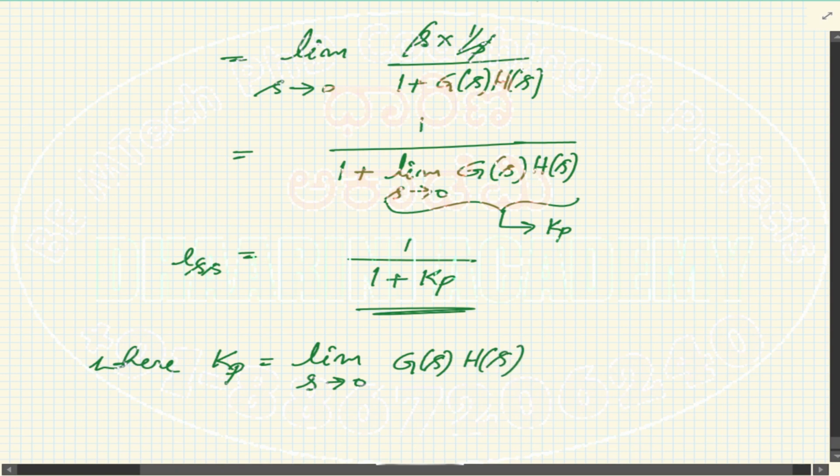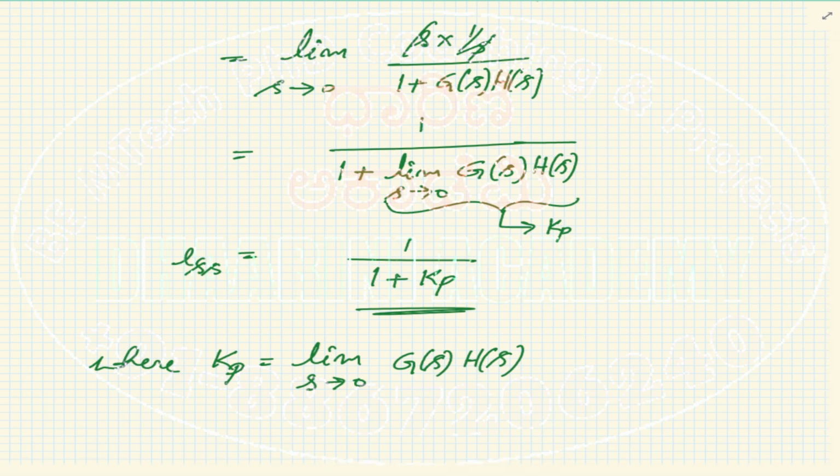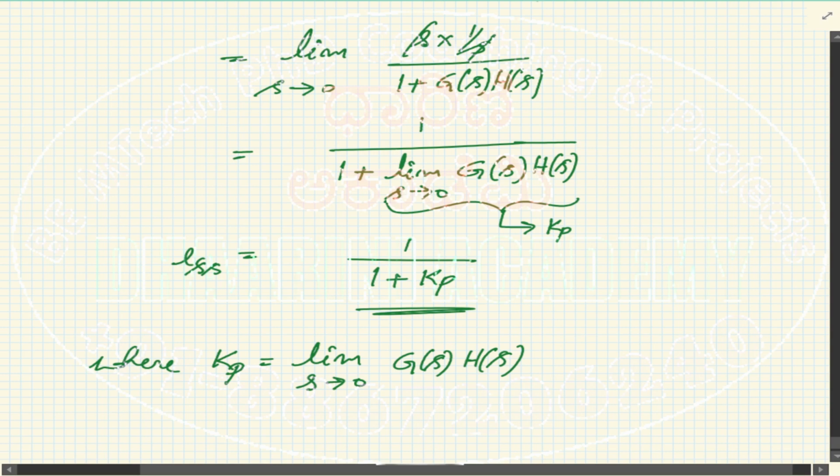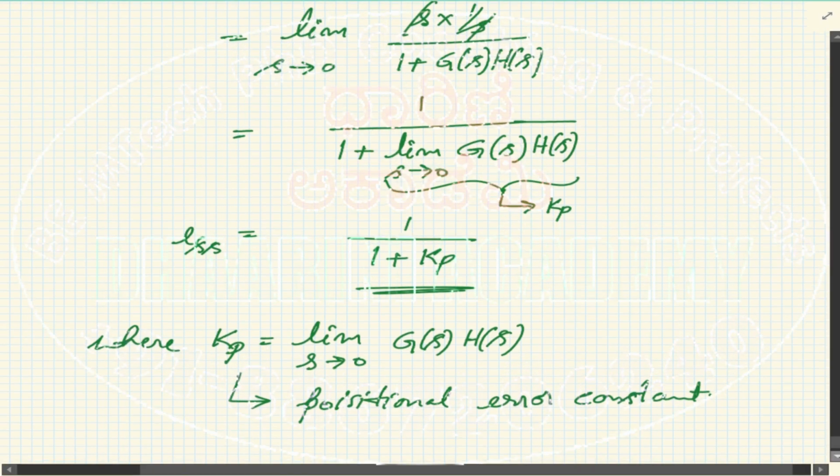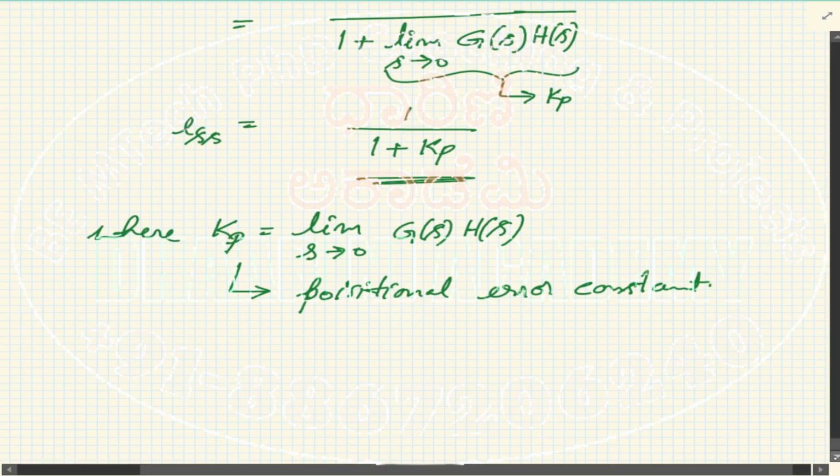So directly, without calculating the output in the time domain and then calculating the error and then going for kp, we can directly calculate the error coefficient by just using limit s tends to 0 of g into h for a system. This has a name now. The p indicates the position, so this is the positional error constant of a system.